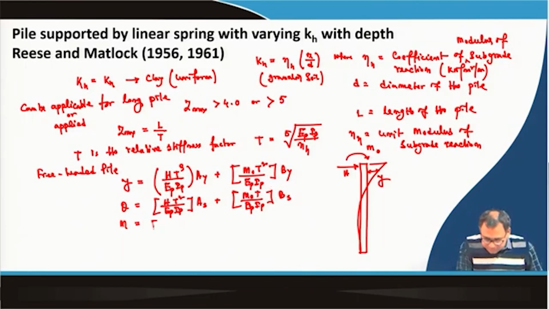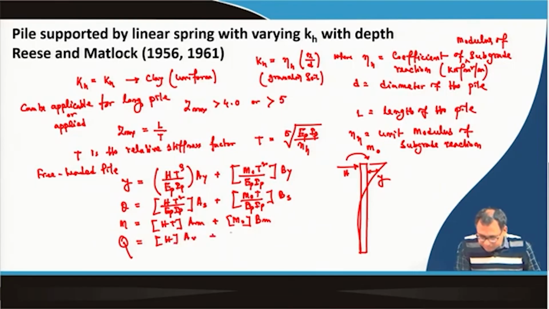So, moment is h t A m plus m 0 B m. Shear force is h A v plus m 0 divided by T B v.